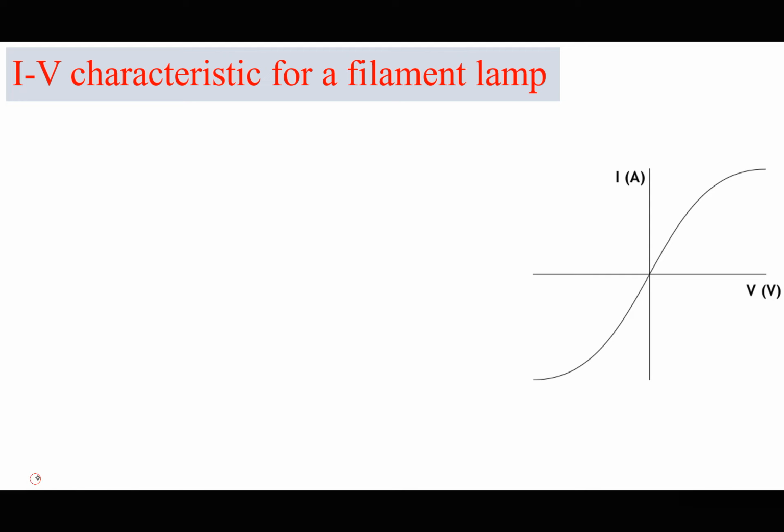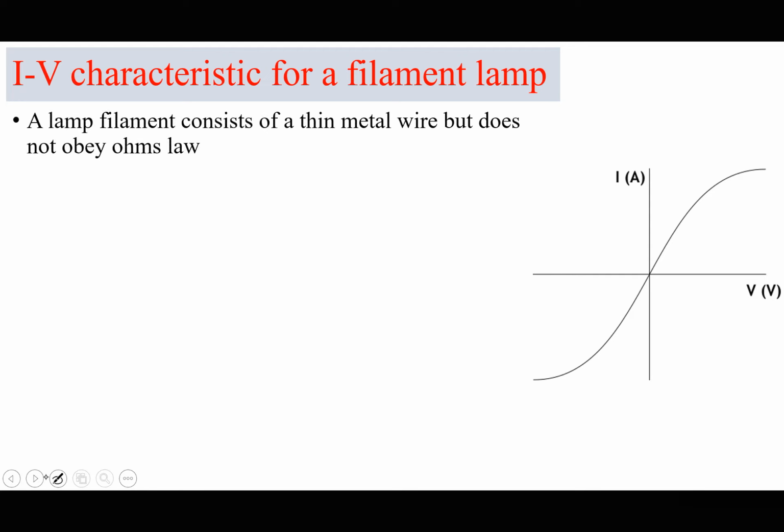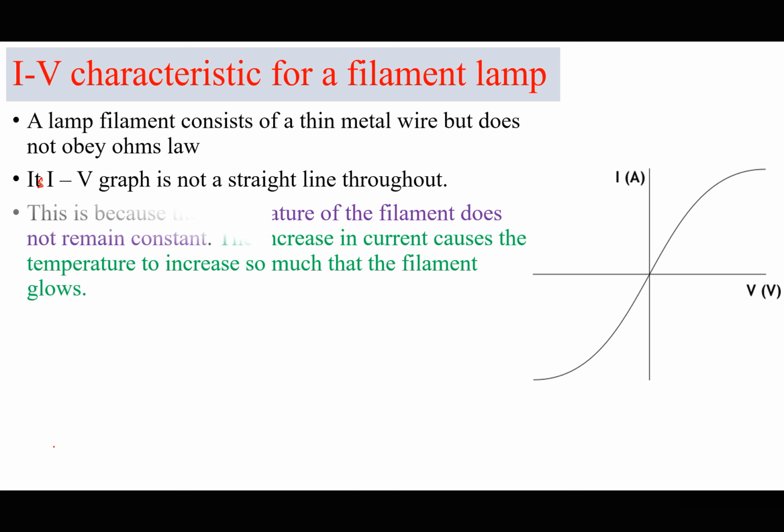So a lamp filament consists of a thin metal wire but does not obey Ohm's law. Its IV characteristic graph is not a straight line throughout. And I've mentioned that this is because the temperature of the filament does not remain constant.